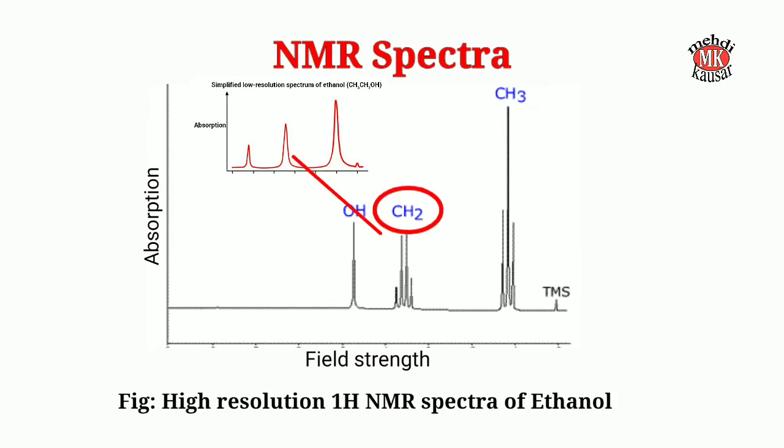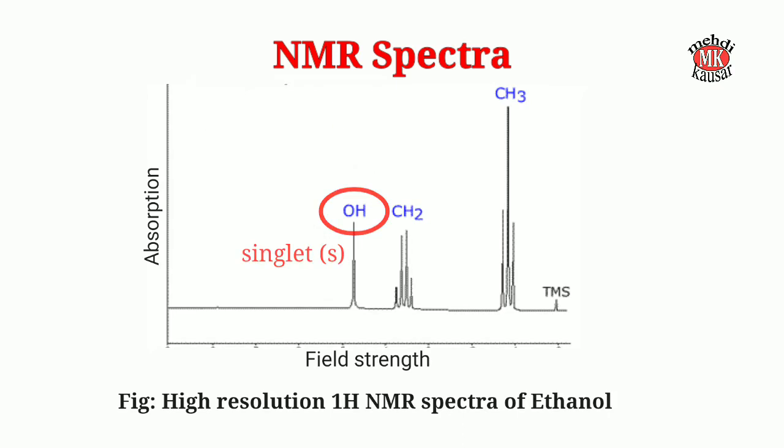Similarly, the signal of the CH2 proton splits into a 1:3:3:1 quartet due to the presence of the neighboring CH3 protons. The alcoholic proton, on the other hand, is not affected by spin-spin splitting and gives a singlet.